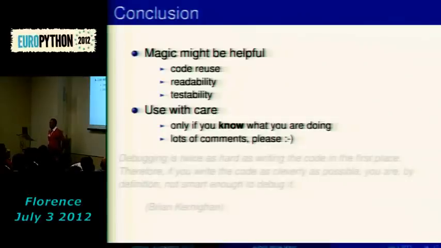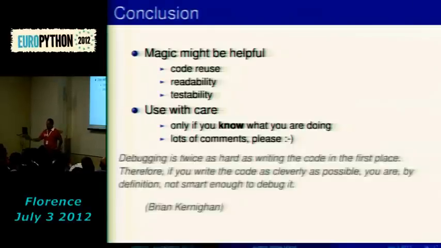Of course you have to use it with care, because you should do it only if you really know very well what you are doing. And I hope to have explained to you how it really works under the hood for the things I showed. And if you really are going to use this, please write a lot of comments in your code explaining what's going on, because if I happen to read it, I would like to understand, please.